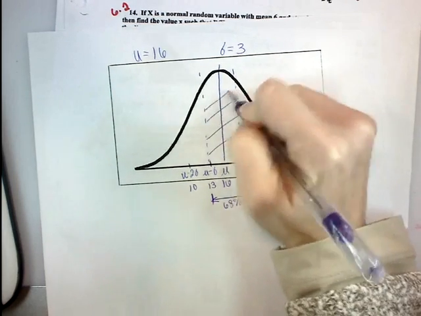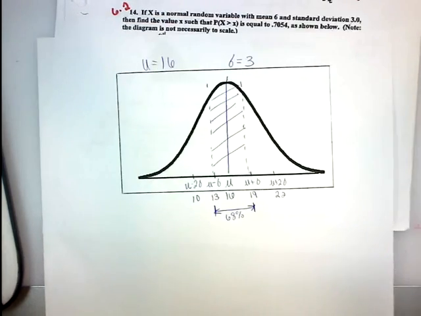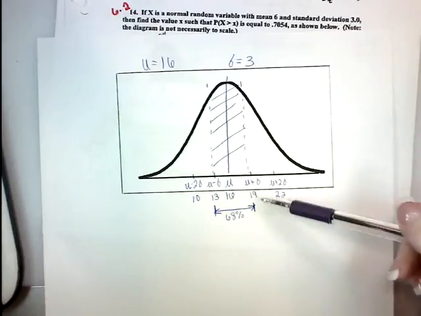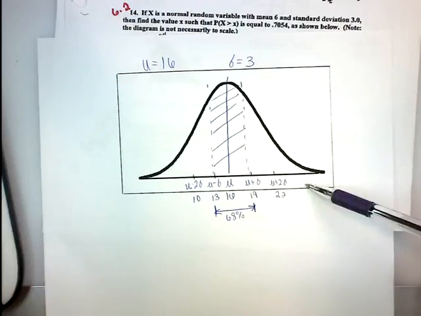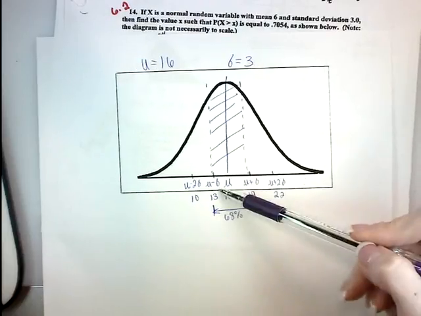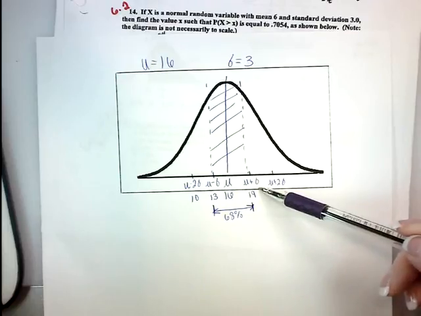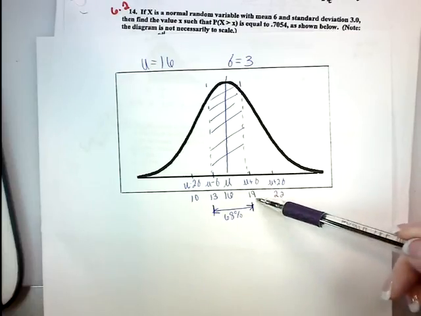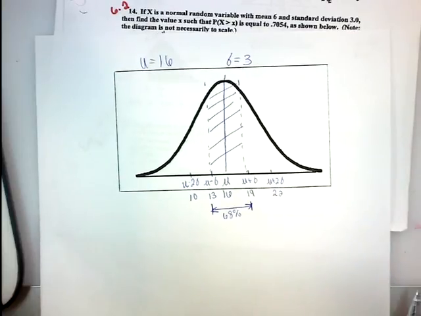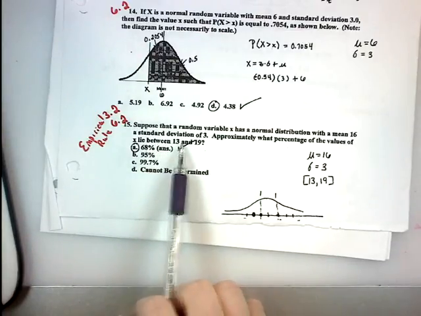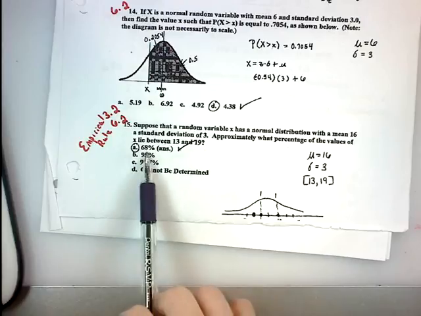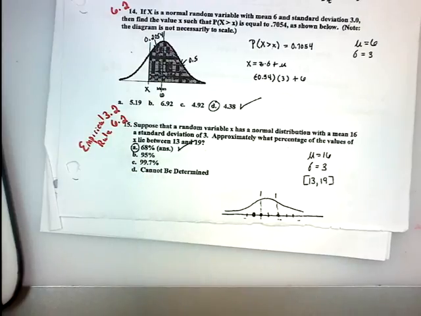There may be other ways to work that same problem, but if you have a distribution with a mean of 16 and a standard deviation of 3, this is what the numbers would look like on the axis. 1 standard deviation below would be 13, 1 standard deviation above would be 19, and we're guaranteed 68%. So what percent of values fall between 13 and 19? 68% by the empirical rule.